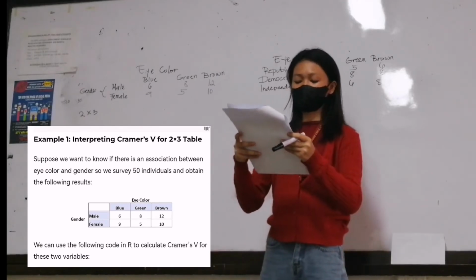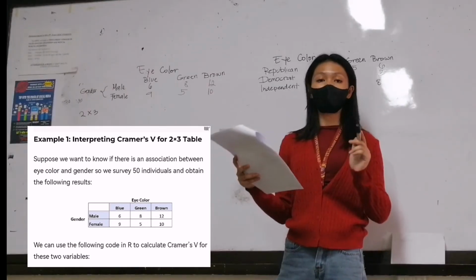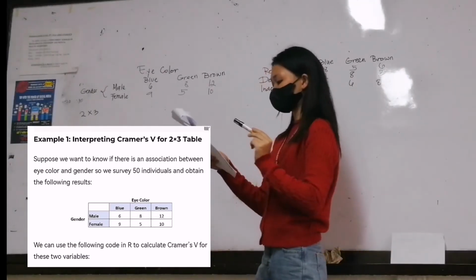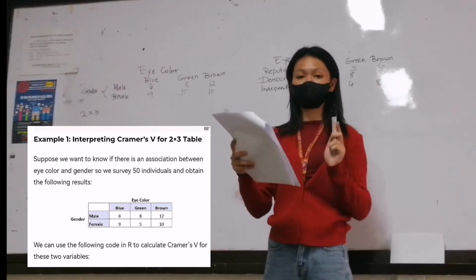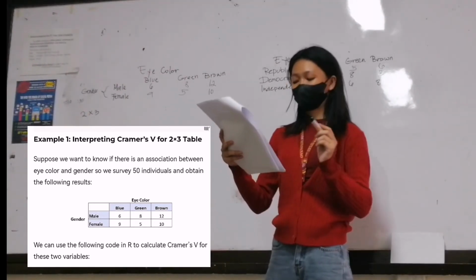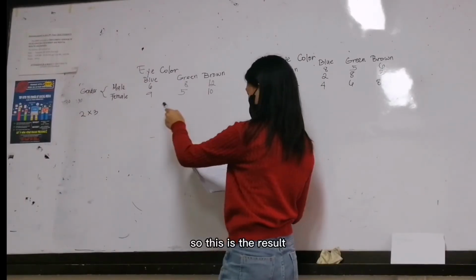Suppose we want to know if there is an association between eye color and gender, so we surveyed 50 individuals and obtained the following results. So these are the results.